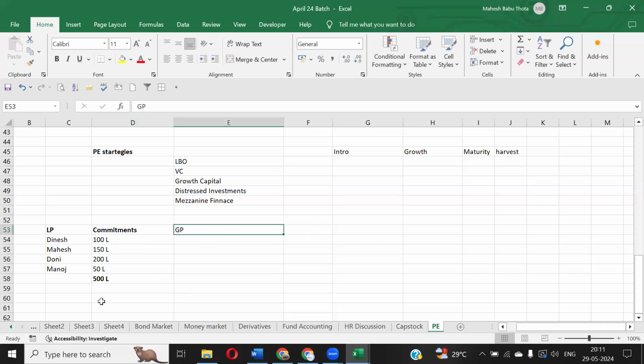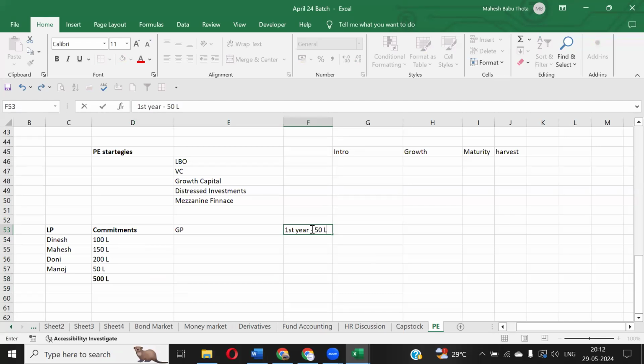Let's assume in the first year, the private equity fund requires only 50 lakhs capital, maybe to meet operational expenses. They don't need the entire 500 lakhs. So from whom can they collect this 50 lakhs? The general partner will be collecting that amount.